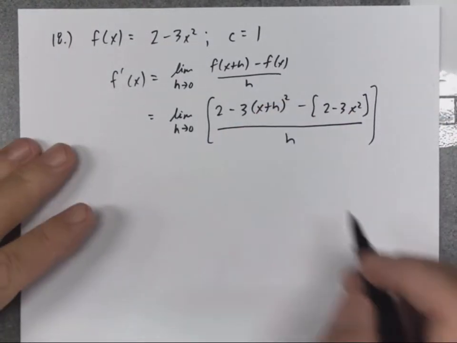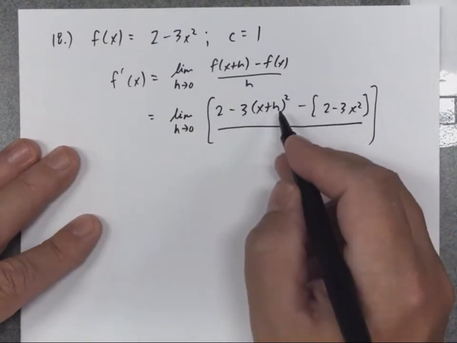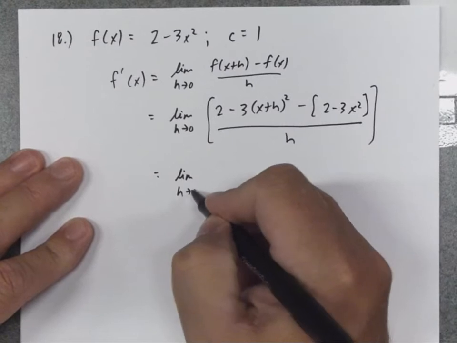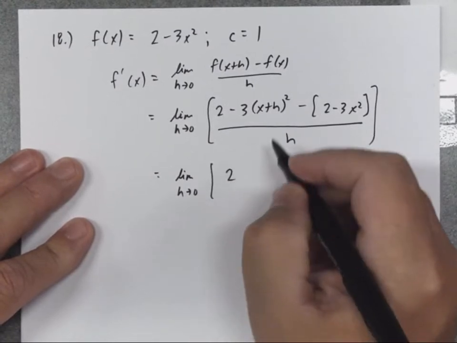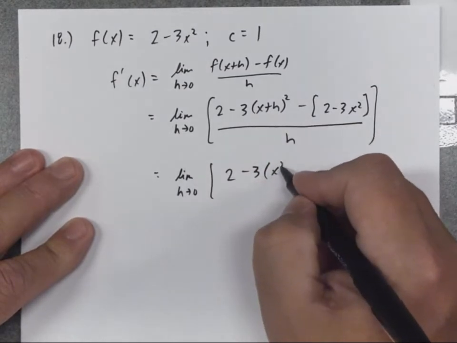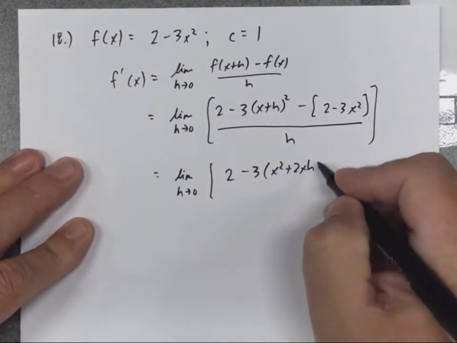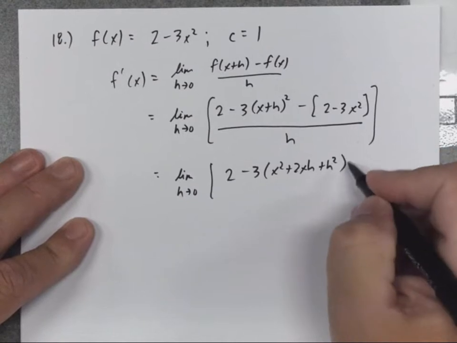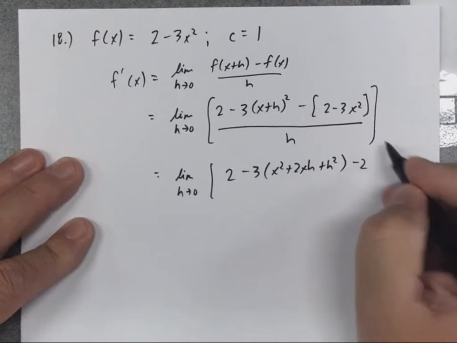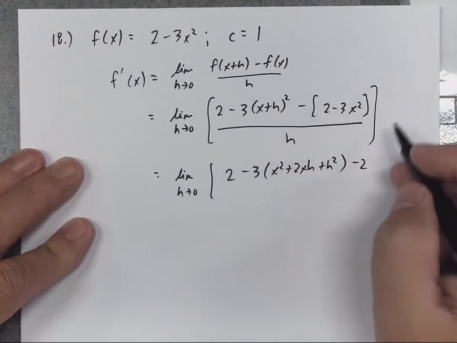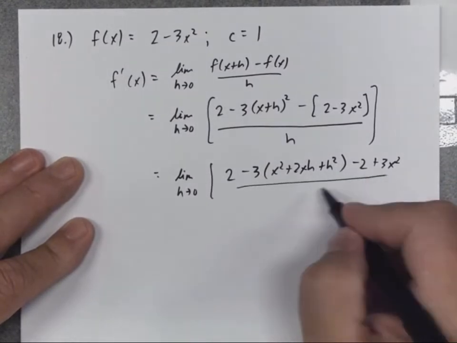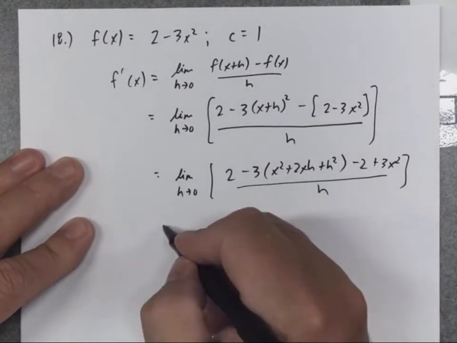There we go. Now we need to go in here and simplify. When I FOIL this out, I get x squared plus 2xh plus h squared. If I get rid of these brackets, it's going to be minus 2, then minus a negative 3x squared, all over h.